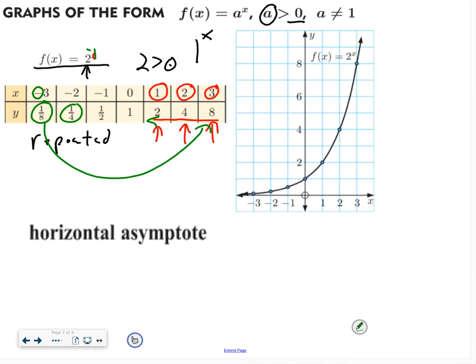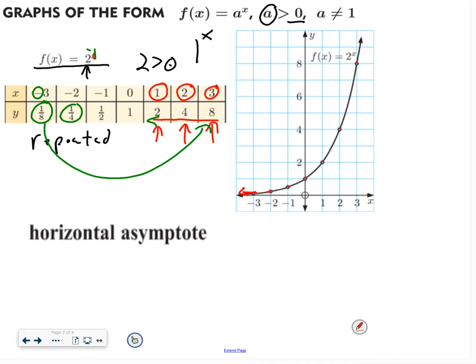If we graph this, we get these values at 0, 1, double it, 1, 2, double it, 2, 4, double it, 3, 8, and then half, half, and half. Notice if we keep taking half of these values, we're never going to be able to get negative, because half of something is always going to be something, and we're never going to go below our axis.